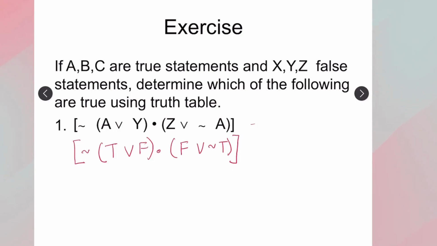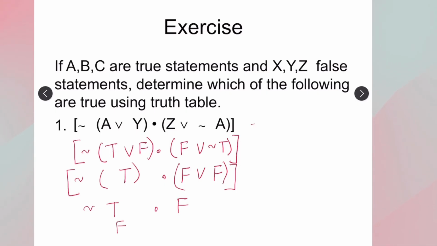Now moving to the next case, we will be finding the value: T dot F, whose negation of T will be F, and then again negation of T dot F will be F, and again negation of T will be F, dot F will be F. So this is how you have to solve it.